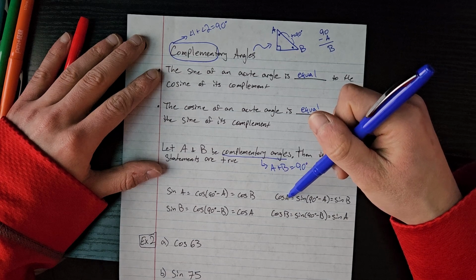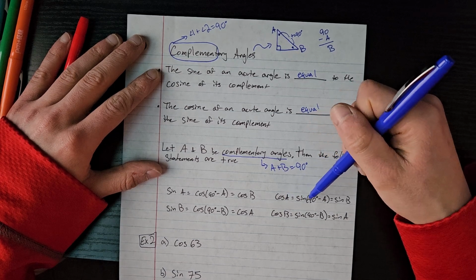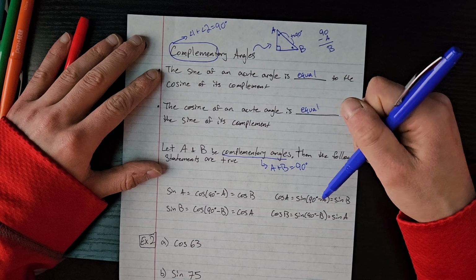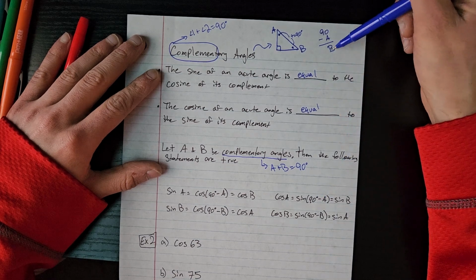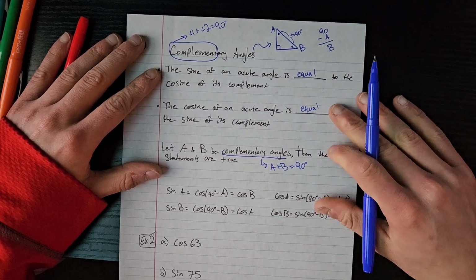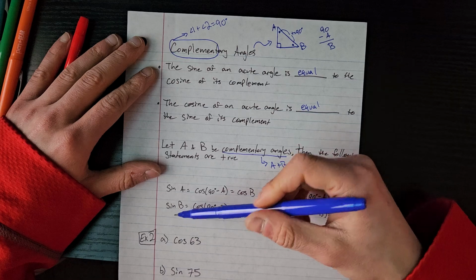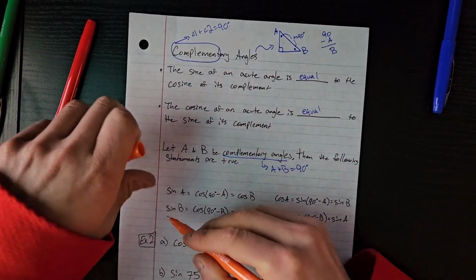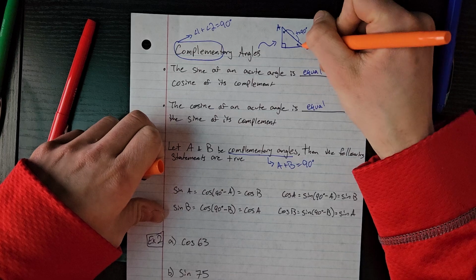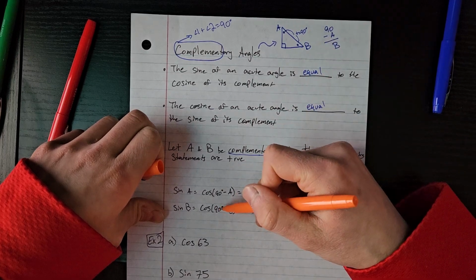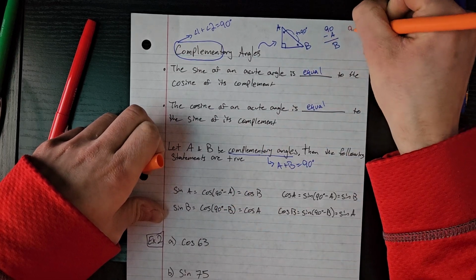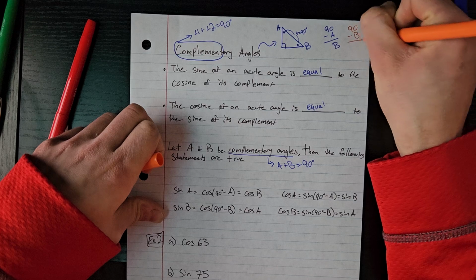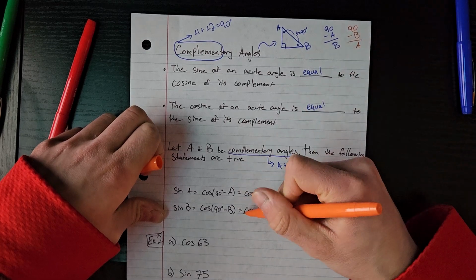Cosine of A is equal to sine of 90 minus A. Doing 90 minus A will get you the sine of B. And same thing can be said for B. The sine of B is equal to the cosine of 90 minus B. Doing 90 minus B will get us to angle A, which is cosine of A.